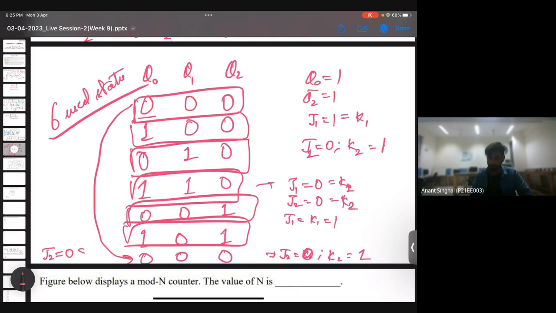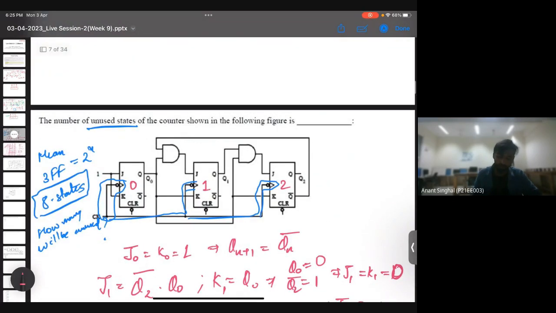Okay. So now the question has asked for the number of unused states. Total states were 8, and we are only having 6 states in the counter. So the correct answer to this problem will be 2.